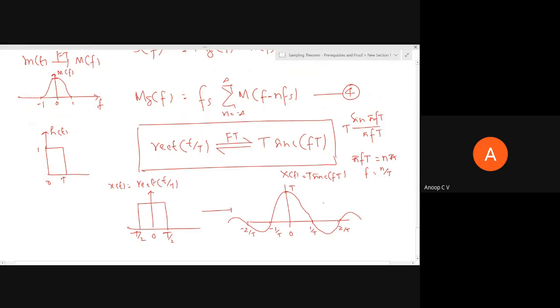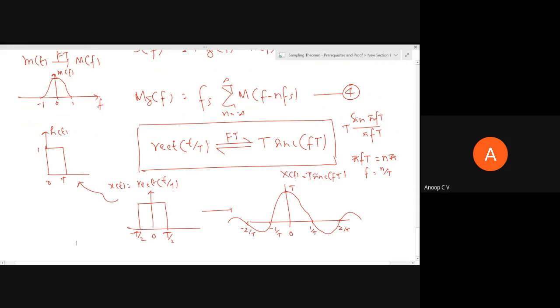So this is the sinc function. But our h of t is nothing but x of t shifted right by an amount T by 2.